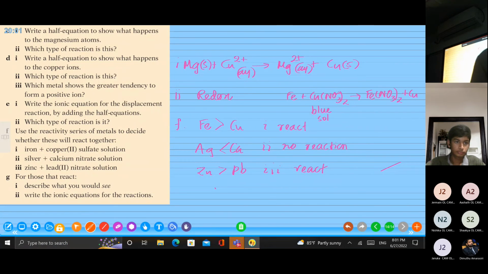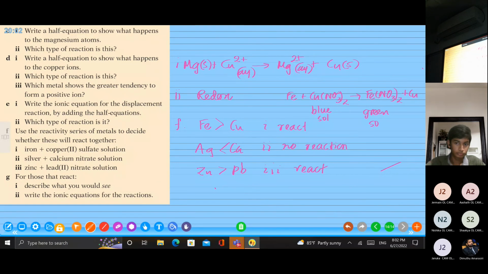What's the color of copper metal? Brown or pink. Iron nitrate is a green solution.